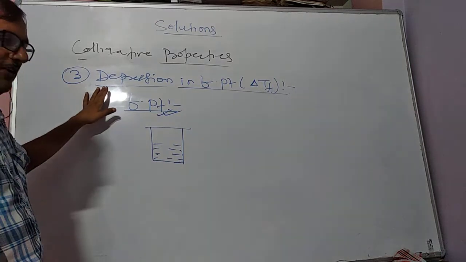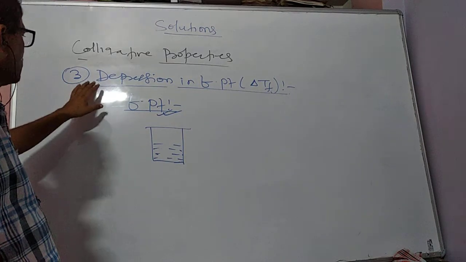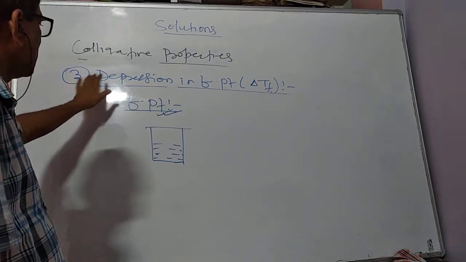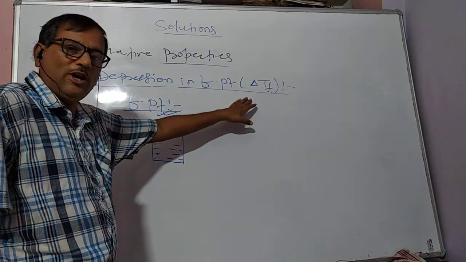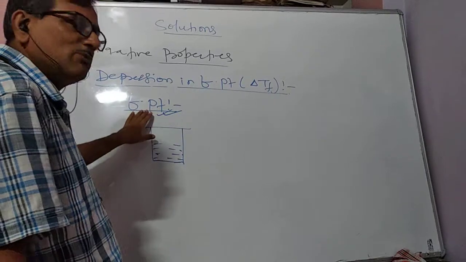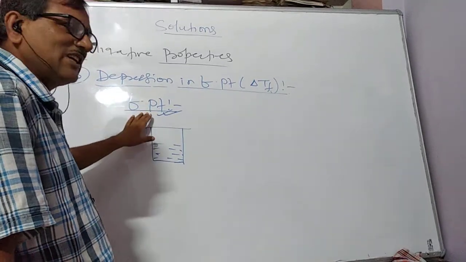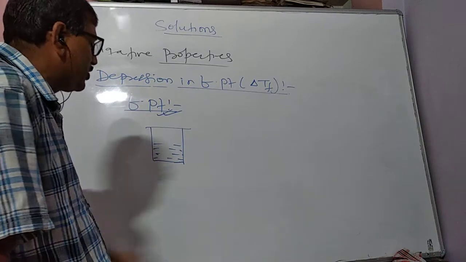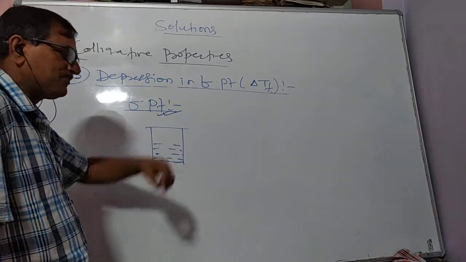Yes, today we are going to discuss the third colligative property, that is depression in freezing point. The freezing point is the temperature at which a liquid starts changing into its solid form.